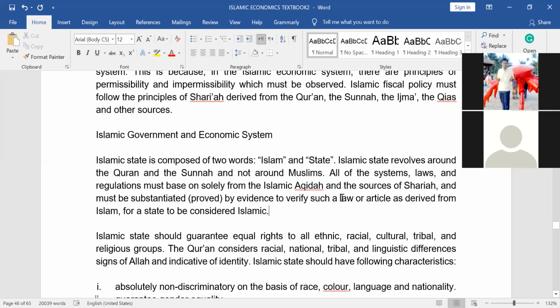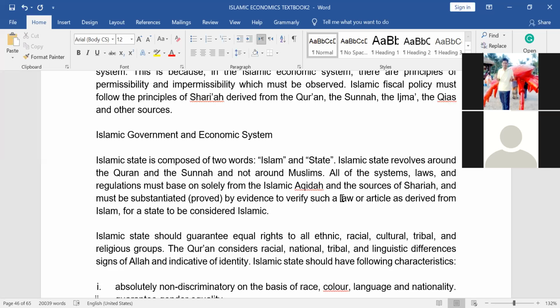Ya, sumber hukum mestilah datangnya daripada Quran dan Sunnah. Apa-apa yang dilarang oleh Quran, apa-apa yang dilarang oleh Sunnah tidak boleh dilaksanakan. Itu baru negara Islam.